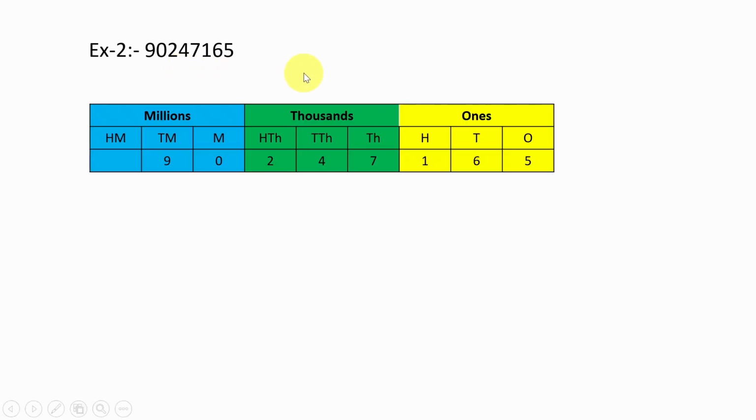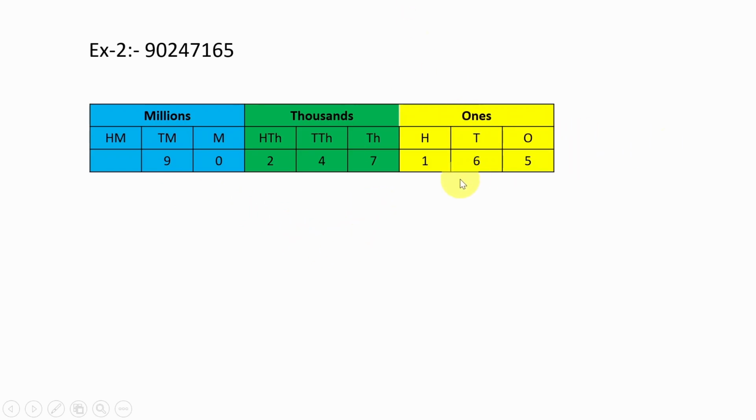See one more example. How to place commas here? First, place these digits in their respective places. 5 is in ones place, 6 is in tens place, 1 is in hundreds place, 7 is in thousands place, 4 is in 10,000s, 2 is in hundred thousands, 0 is in millions place, 9 is in 10 millions place.